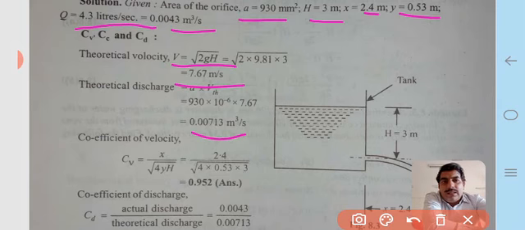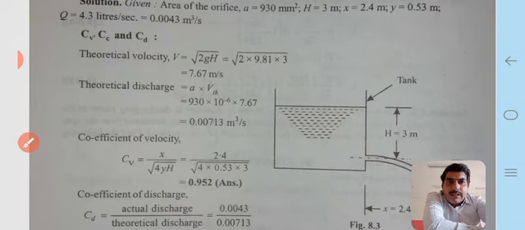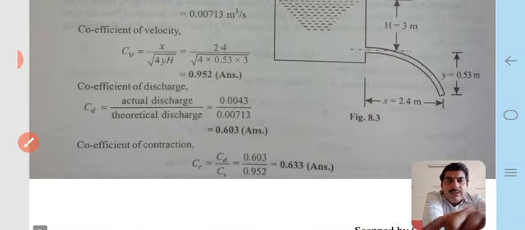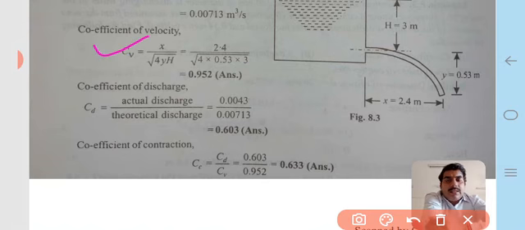After the calculation of theoretical velocity and theoretical discharge, using the relation coefficient of velocity Cv is equal to x upon under root 4yh, it can be calculated, therefore 0.952.